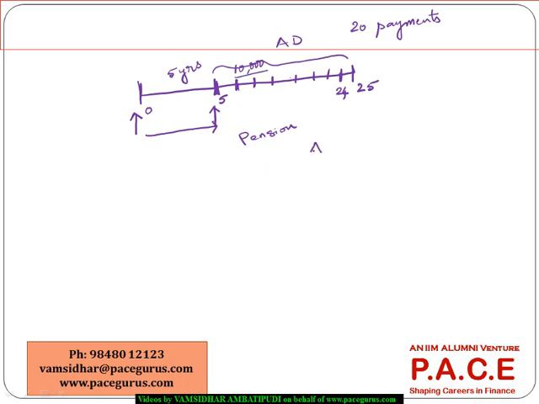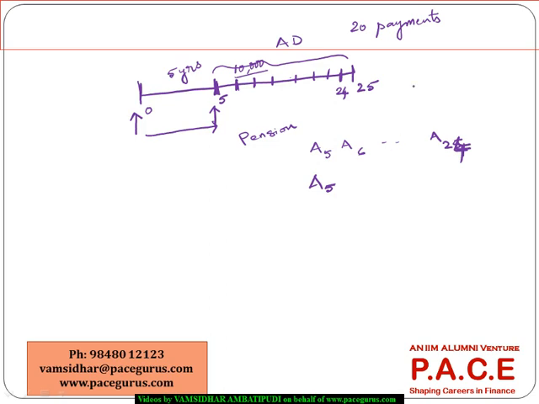So where the amount at the end of 5 years, amount at the end of 6, amount at the end of 25. 5, 6, right? At the end of 24 will be the last payment, if I am talking of 20 such payments. Now, if I am going here, it looks as if it's an annuity due, 1 immediate and 19 ordinary annuities.